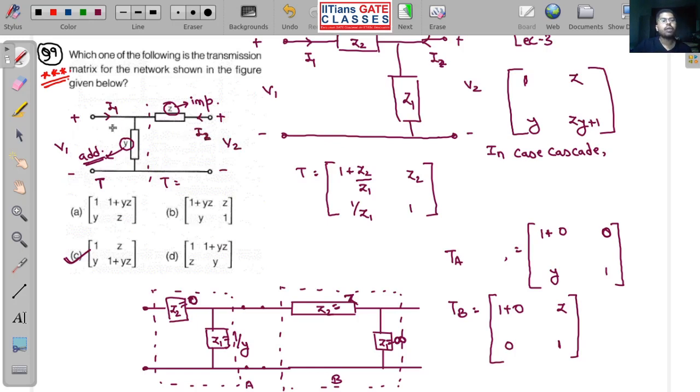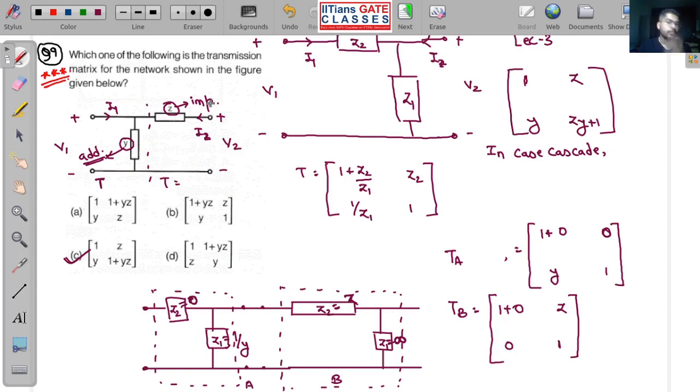Then make V1 in terms of V2 and I2 and make I1 in terms of V2 and I2, and then compare it with the equations of T parameter, and you will get the same result. But that will be time taking. You have to substitute things. So you can follow whichever method you want.